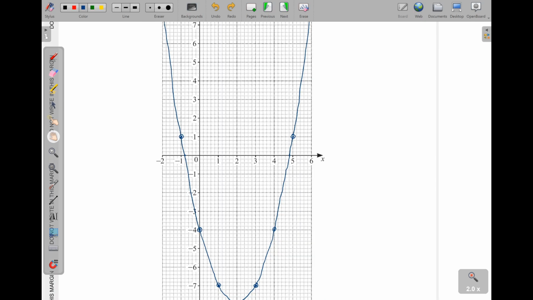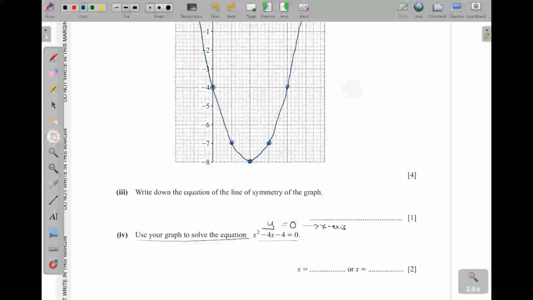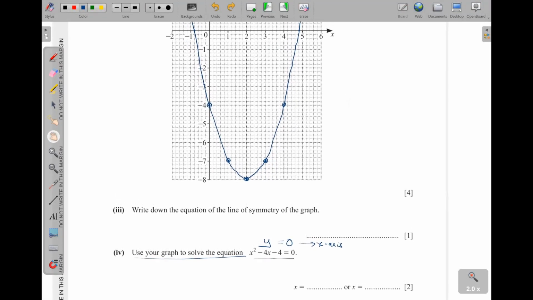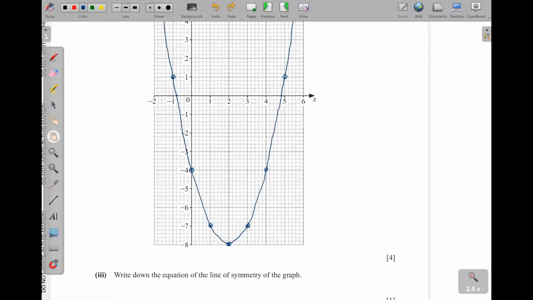Then after that, they are saying write down the equation of the line of symmetry. That is the one that divides the curve into two equal parts. You can simply see it passes through the turning point, this one here. So this is the vertical line, x is equal to 2. Okay, that is x is equal to 2.